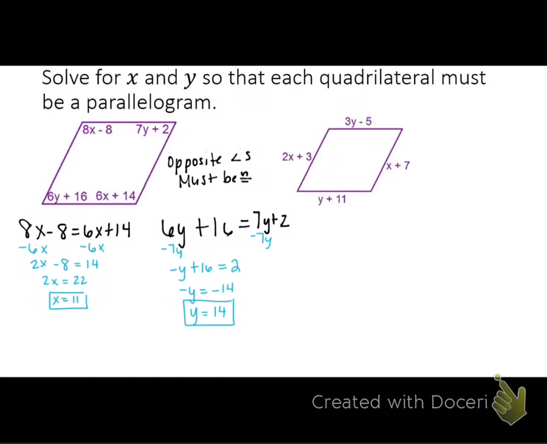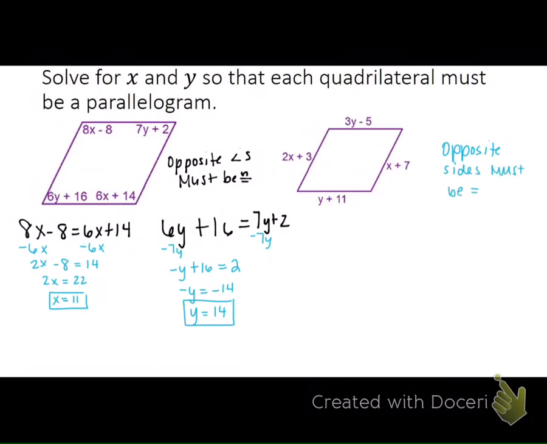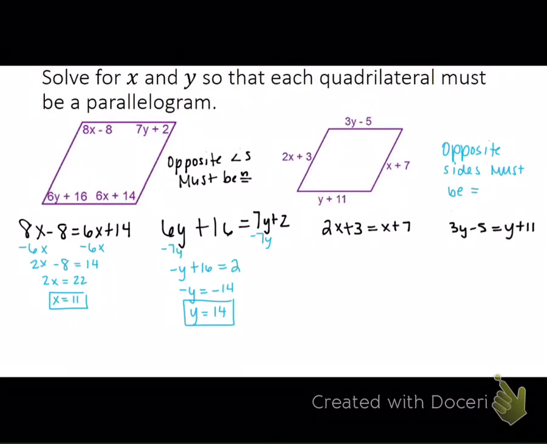Opposite sides have to be equal. So we have 2x plus 3 equals x plus 7, and 3y minus 5 equals y plus 11.